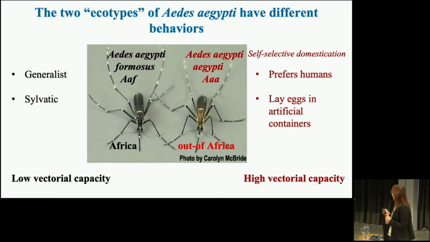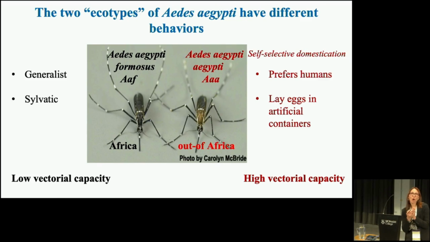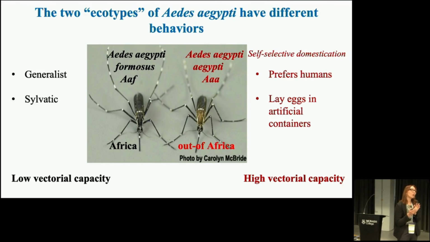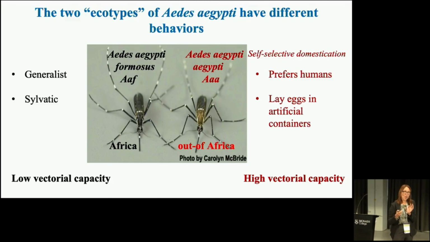And because of this behavior, this process of self-attraction to humans is called self-domestication. So it's a domestication process which is not human-mediated, but it's a natural self-selective process of association with human dwellings.